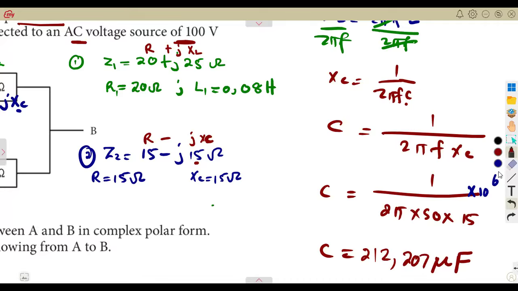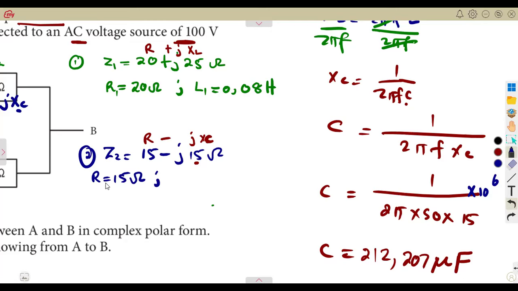Micro is times 10 to the exponent of -6. So to convert to this, you multiply by a positive, not by a negative, the opposite of that. So you must be careful there. So this is it. We have got the capacitance. This here is not important. We need the capacitance there.